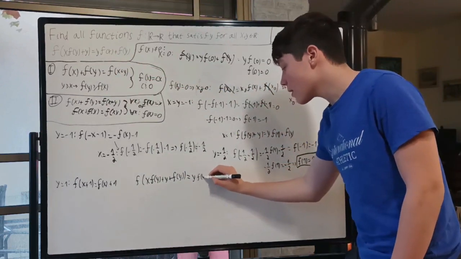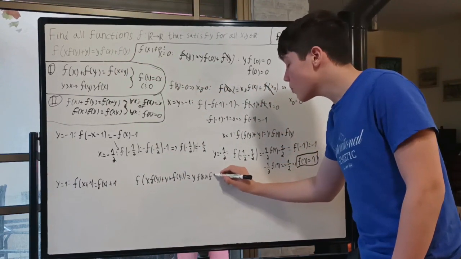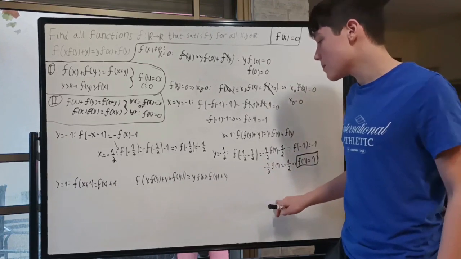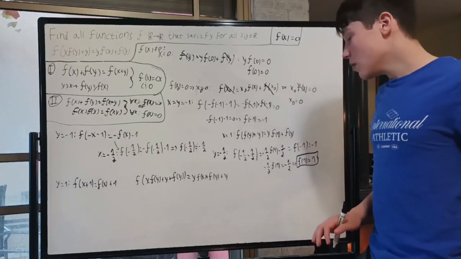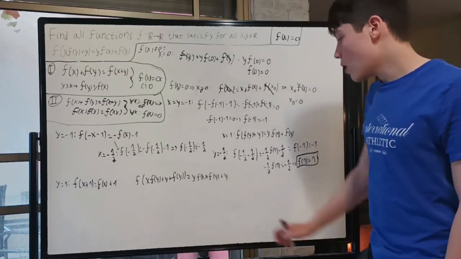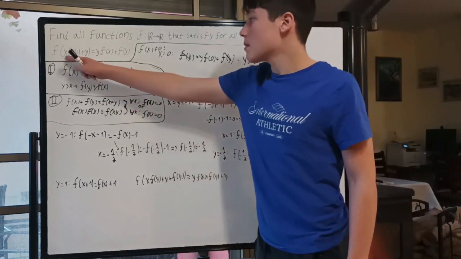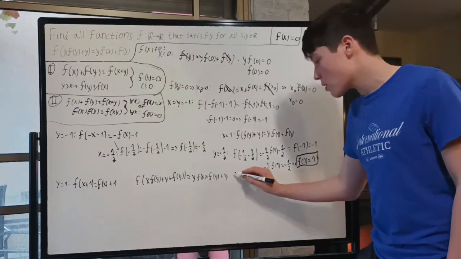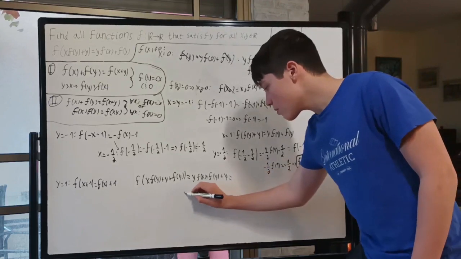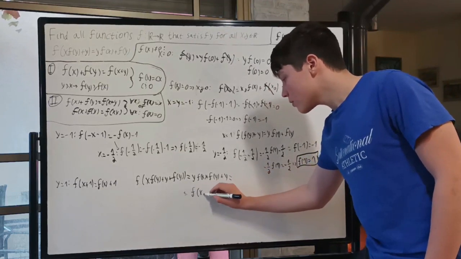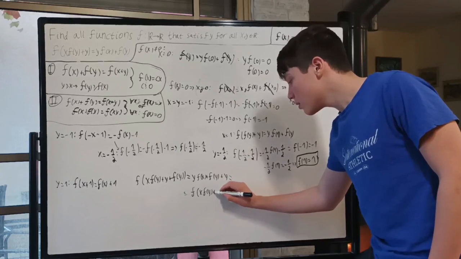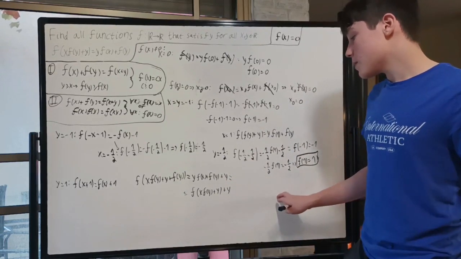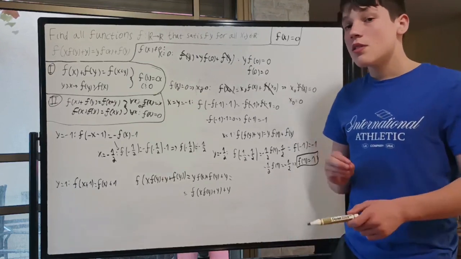This is y f of x plus f of y plus that extra y. Okay, that looks nice. Now, we know what this thing is. It's f of x f of y plus y. So this thing here is f of x f of y plus y. Okay, so the function already looks sort of additive.